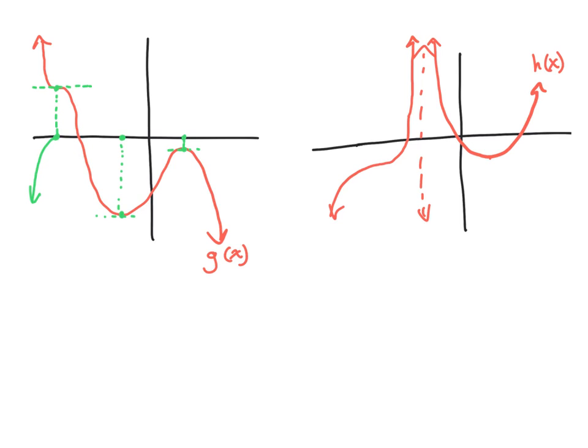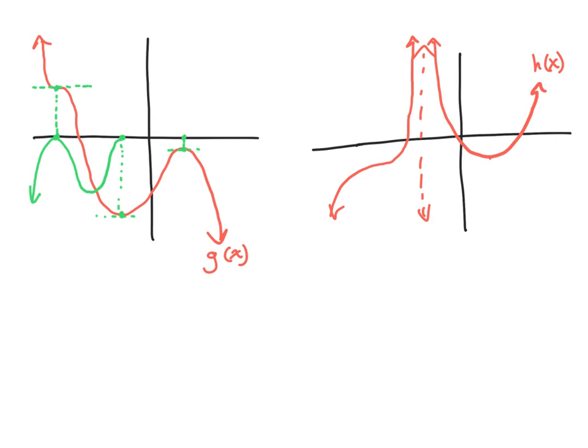There we go. But then to the left of this, it's still decreasing. So that means it has to be moving down, but it has to come back up to this x-intercept here. Because in between these two extrema, the graph has to be above the x-axis because this is increasing from left to right.